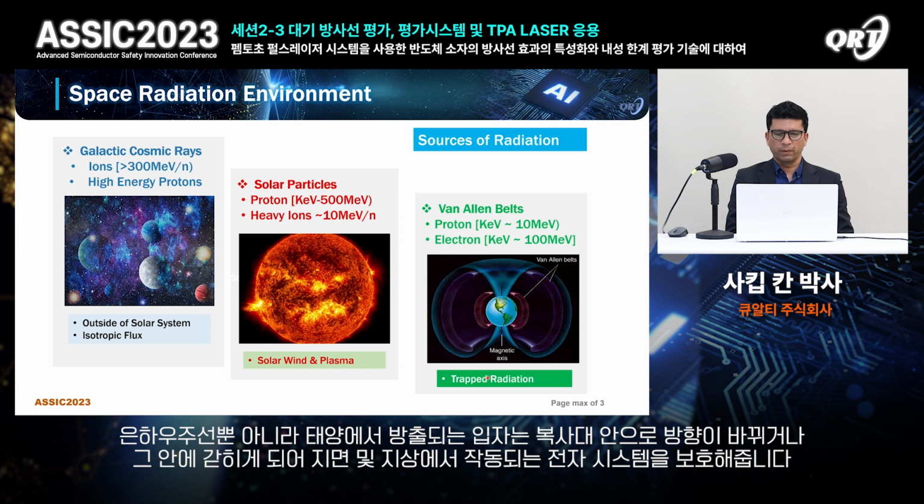The particles coming from the sun as well as from galactic origin are either deflected or trapped inside these belts and provide protection to our electronic systems working at terrestrial heights as well as at ground level.